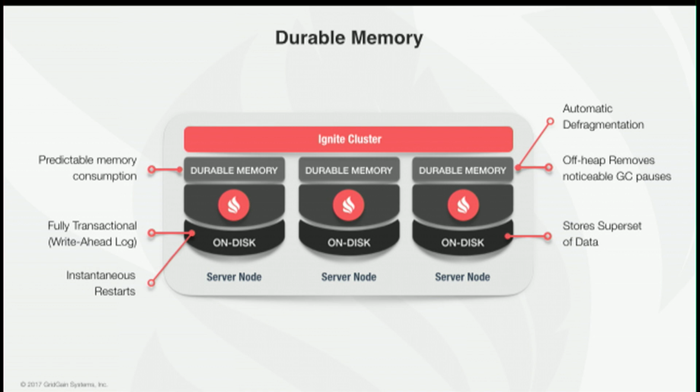Because this storage is highly integrated with the Ignite memory storage, and it's completely transparent for the application. The data location is completely transparent for the application. So you can execute a SQL query, you can execute any kind of operation on the data in Ignite, and Ignite will automatically figure out whether the data is in memory or on disk, and will lazily fetch the data into memory if it's needed, right?